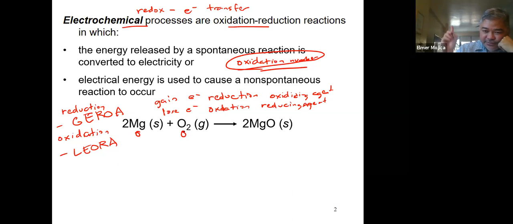Oxygen is as is, so you also have it as 0. But when they form this, this is a cation, group 2A, so you have +2. And this one, -2. So the next thing that you're going to do is look at the changes in the oxidation number. Magnesium from 0 to +2, oxygen from 0 to -2.